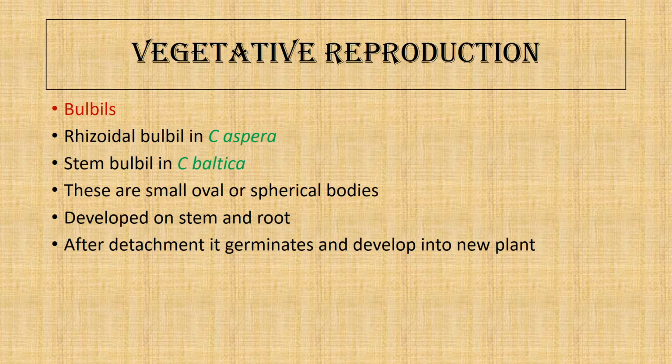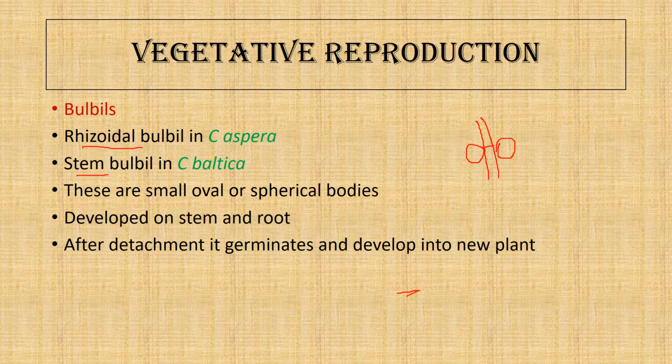So now we are going to discuss the bulbil. In the earlier video we have seen that bulbils are present either at the nodes of the stem or the root. They are either present at the rhizoidal portion of the Chara, or at the stem. In the stem also it is present at the basal nodes of the Chara.